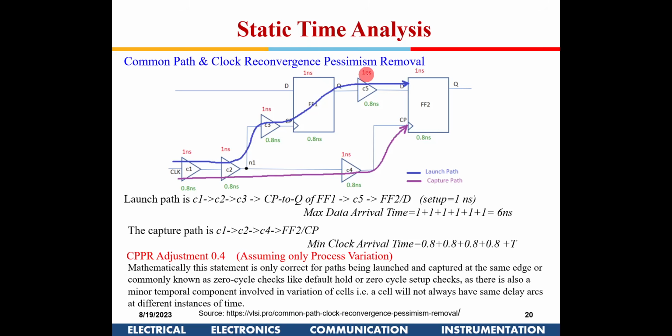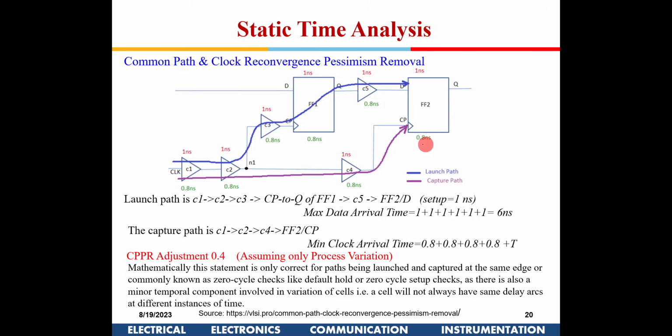This is the worst case. And for the clock path, obviously a time period has to be added, and then we take the fastest, 0.8. But actually we are being too pessimistic.